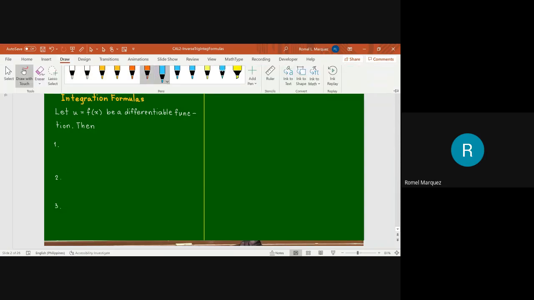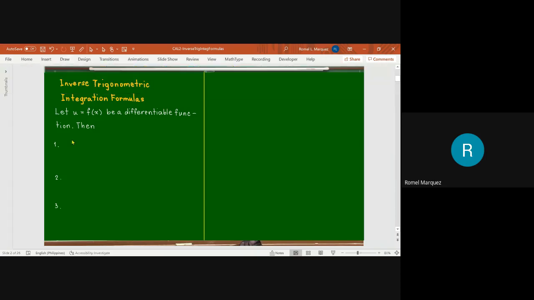So the first one, we have integral of du over square root of a squared minus u squared.